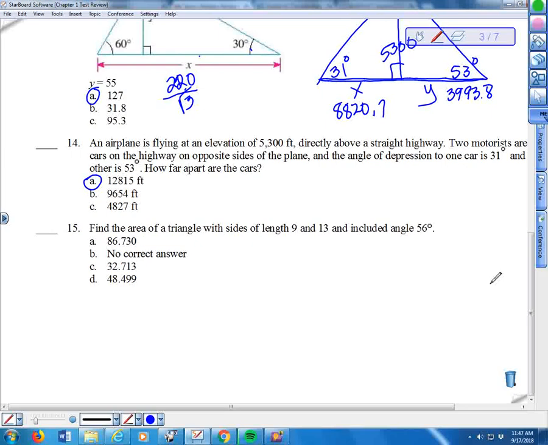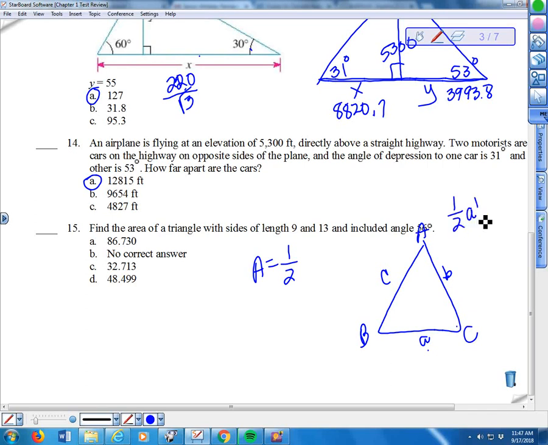Okay, this one you had to go back into section 2 maybe, page 5, to find the equation of the area. Let me draw this triangle. If you know A and B and the included angle, that's the formula for the area of a triangle, if you know those two things.